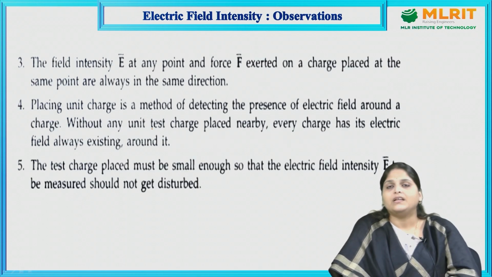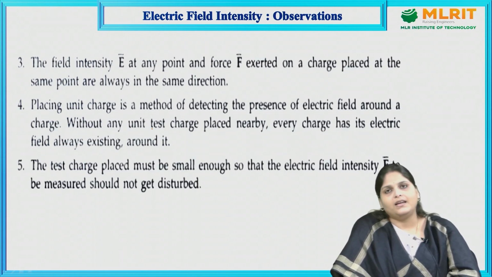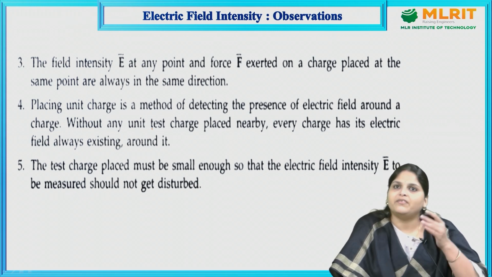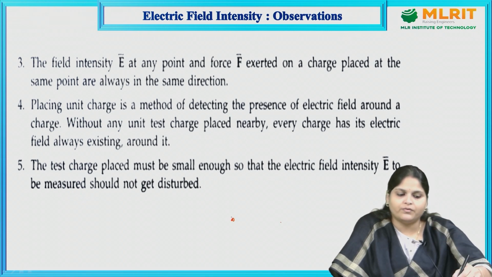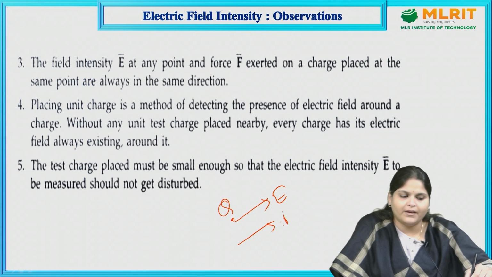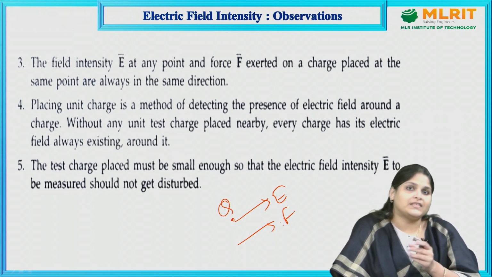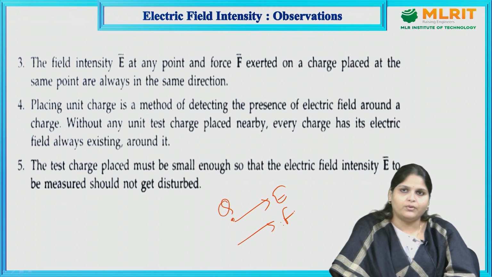Next, the field intensity E at any point and the force F exerted on a charge placed at the same point will always be in the same direction. For example, for this particular charge, E and F will be in the same direction. Next, placing a unit charge is a method of detecting the presence of electric field around the charge.